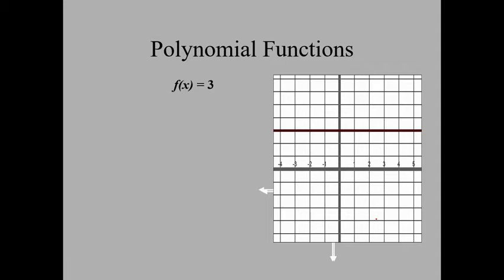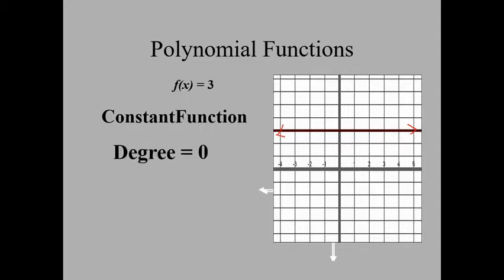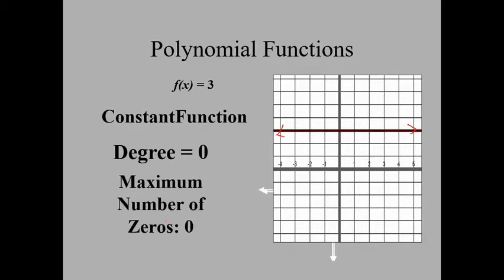Polynomial functions. If f of x is equal to 3, this is a constant function. You know it because here is your horizontal line at 3. Okay, the degree is 0, and thus the maximum number of zeros, remember zeros, we also call them roots, as well as the x-intercept.